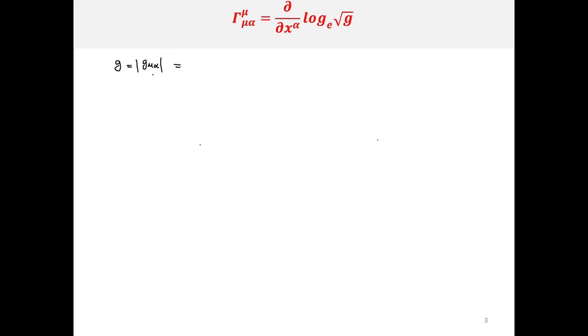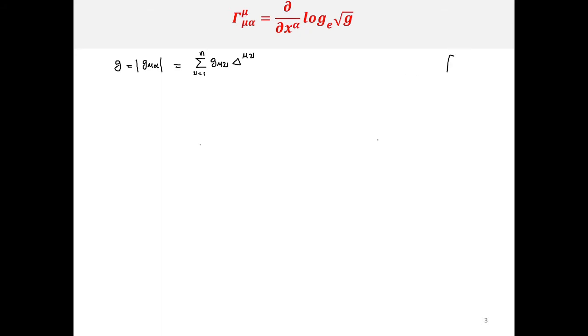Now, how can you determine the determinant value of a particular matrix? You can calculate it using the equation sigma nu equal to 1 to n g mu nu into delta mu nu, where delta mu nu is the cofactor of the element.